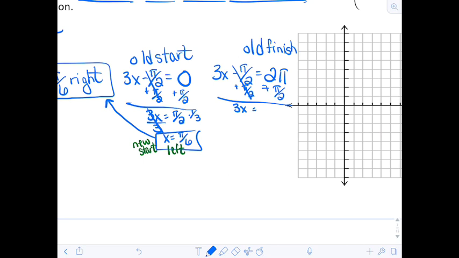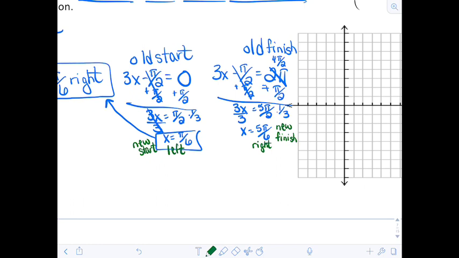So 3x equals, now 2 pi, hopefully we can see that that's the same as 4 pi over 2, and when I add that to pi over 2, I get 5 pi over 2. And if I divide that by 3, which is multiplying by 1/3, I get 5 pi over 6. And this is going to be the right side of my box, my new finish for the sine function.